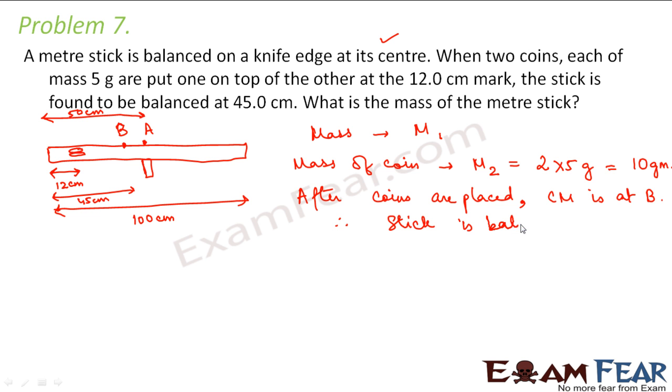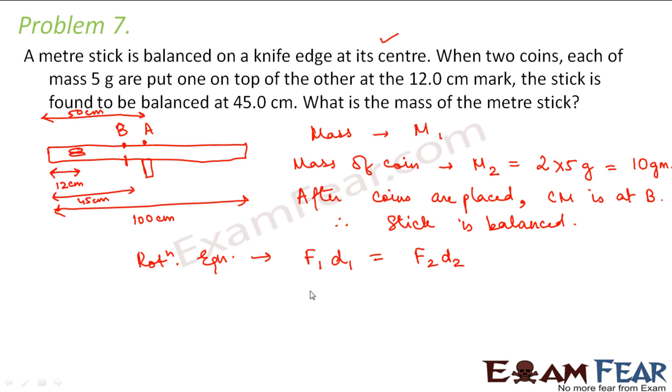So the stick is balanced, that means it is in rotational equilibrium. If we write down our equation of rotational equilibrium at point B, what do we get? As per rotational equilibrium, F1 d1 should be equal to F2 d2, because torque is nothing but force into distance. For this end, F1 would be the weight of the stick, that is M1 g into D1.